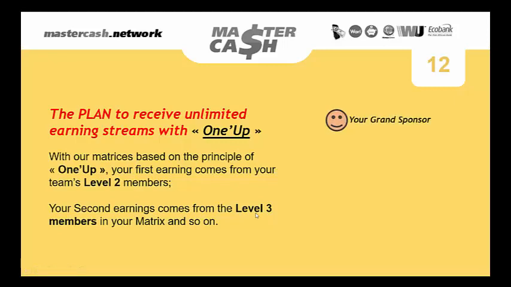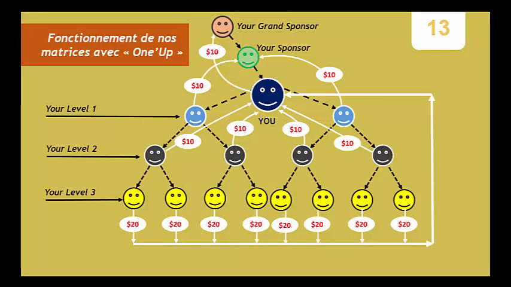We also finalized on the matrix by letting you know the total number of levels you have, 1 to 3, and how the earnings come about. So look up the previous video and you can see more about this particular matrix.